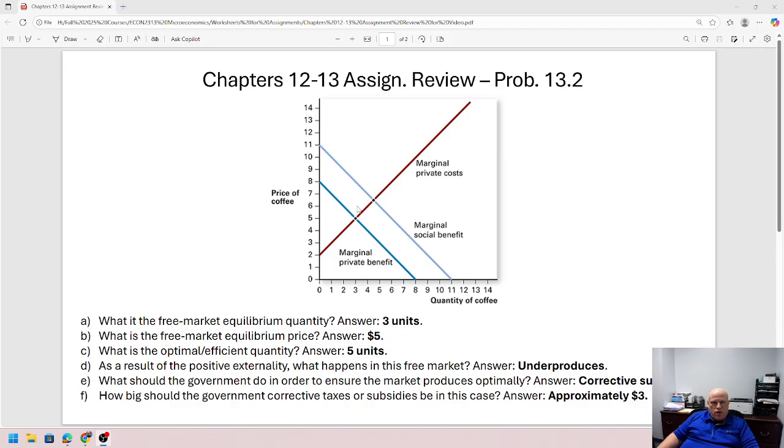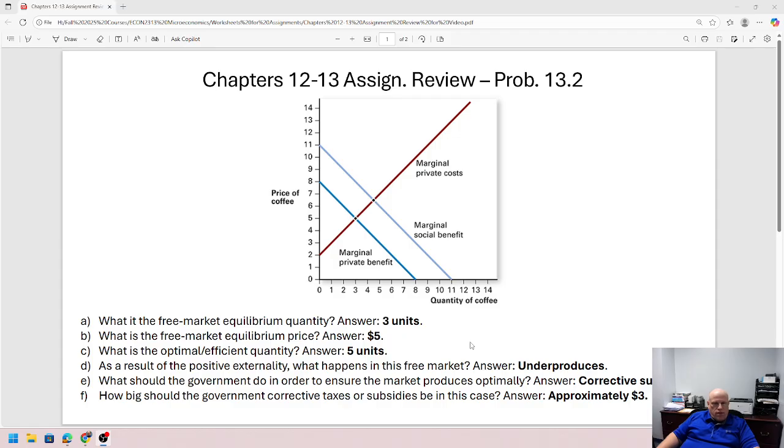Looking at the y-axis, it's the difference between $8 and $11. That distance between the marginal social benefit and the marginal private benefit is what the subsidy would have to be in order to get producers in this market to produce at the socially optimal level. So it's just the distance between those two curves, which would be approximately $3.